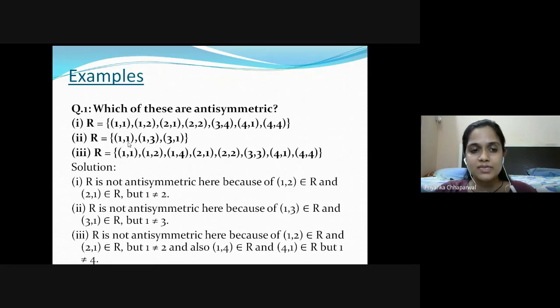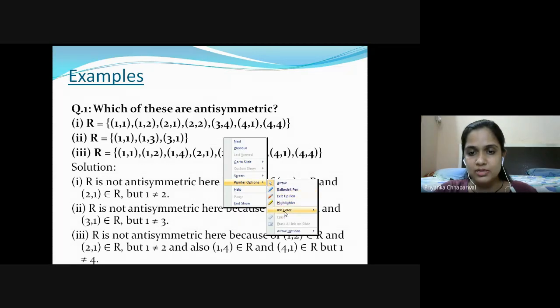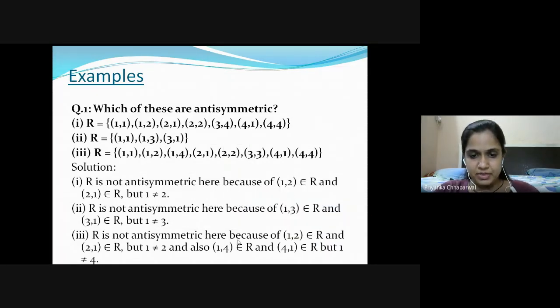Why? (1, 1) belongs to R, okay, (1, 3) belongs to R, and (3, 1) belongs to R, but 1 is not equal to 3. So it is not antisymmetric. Same for relation 3. In relation 3, (1, 1) belongs to R, and (1, 2) and (2, 1) belong to R, but 1 is not equal to 2. So R is not antisymmetric here because (1, 2) belongs to R and (2, 1) belongs to R, but 1 is not equal to 2. So it is not an antisymmetric relation.